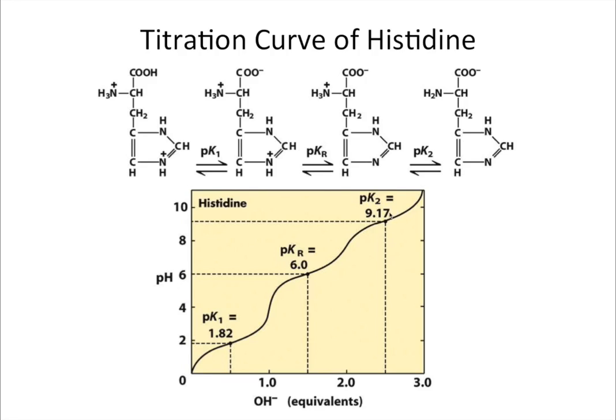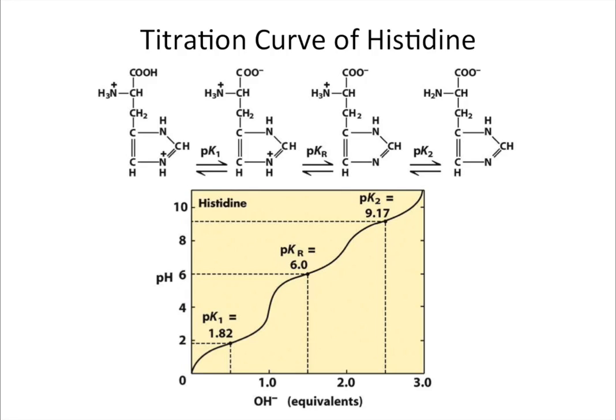In this third region, we're going to have the amino group here give up a proton, so going from NH3+ to NH2, and that's going to have the pKa of 9.17. So you can see these are looking at individual amino acids. These are the pKa's associated with removal of each of the protons or hydrogen atoms.